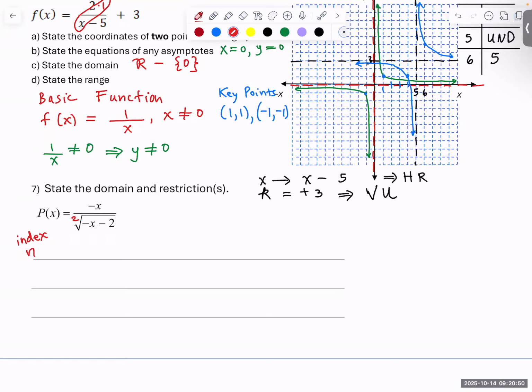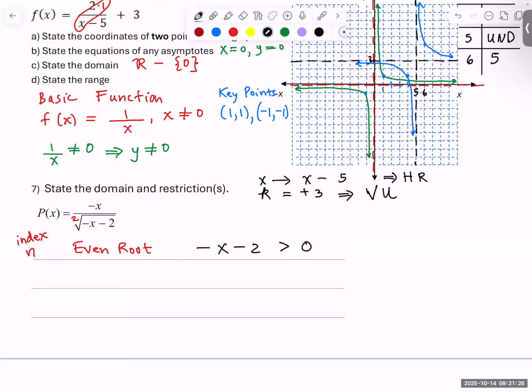So because we have an even root, a square root is an even root, the denominator radicand must be strictly positive so that we have the square root of a positive number and be in the set of real numbers versus the set of imaginary numbers. So whatever value for x we input must give a radicand value that is positive, greater than 0.